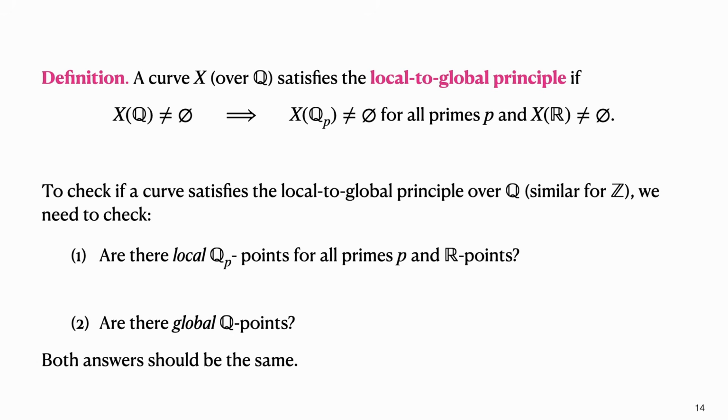And one implies the other always. So this one is always true. And then the question is, what happens with the forward direction? And the answer should be the same. So a curve can satisfy the local to global principle if it has no points, or if it has a point over all Q_p and also has a point over the rationals.